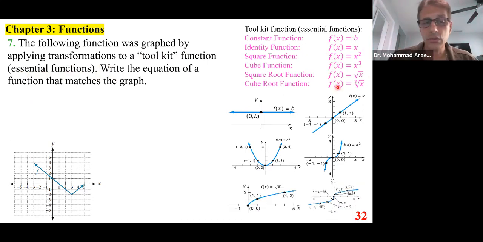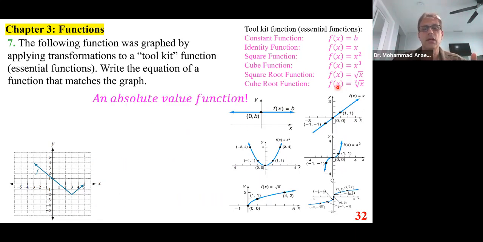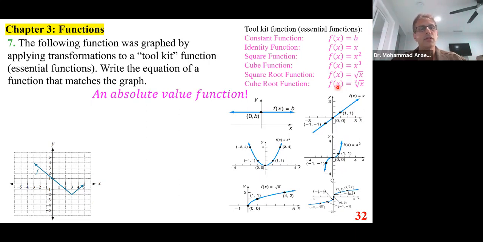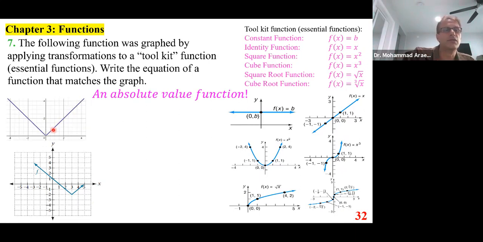There are more, okay. We will look at logarithmic functions, exponential functions. Also, absolute value function, okay. What is an absolute value function? I hope you remember it's just a V shape, and so is this. Therefore, we are dealing with an absolute value function. Absolute value function, y equals absolute value of x, the vertex is at 0, 0.